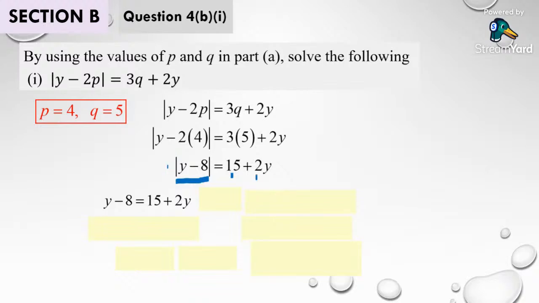I don't switch any sign. Then the second case, open the modulus bracket, 15 and 2y, we switch the sign. From positive become negative, from positive become negative. The relationship for the equation is always an OR. The OR is very important. Make sure you have the OR here for the definition.